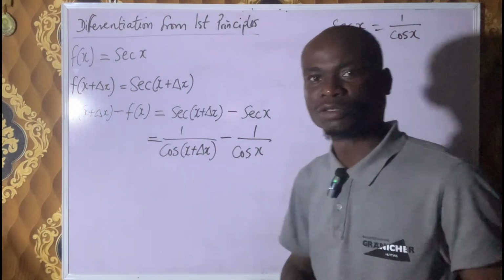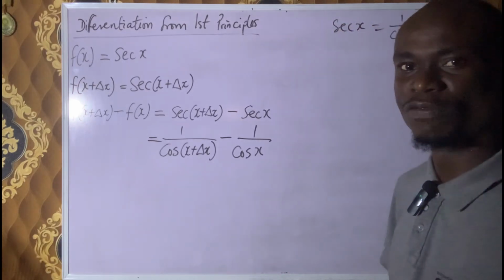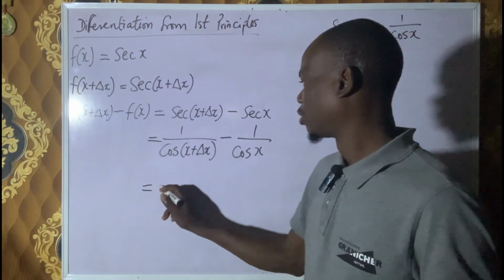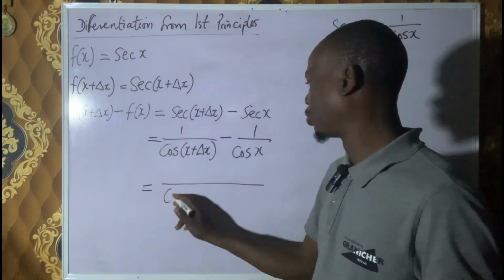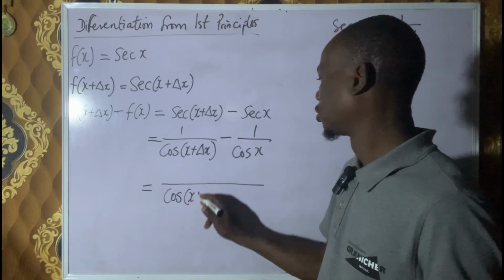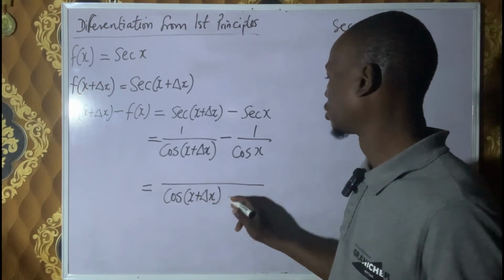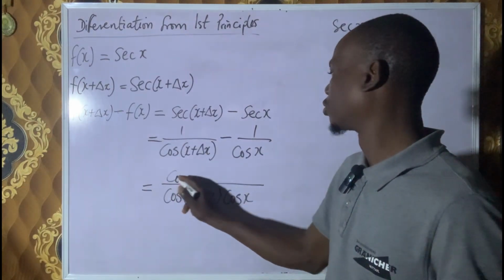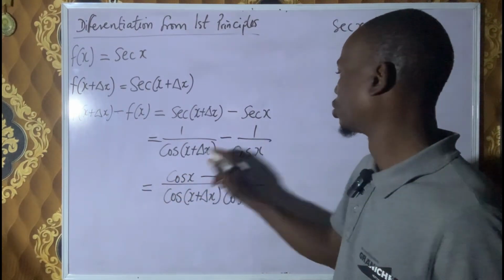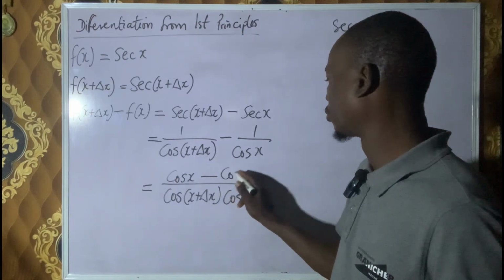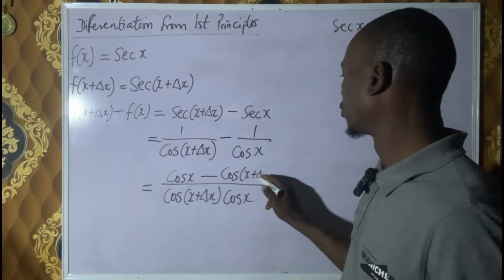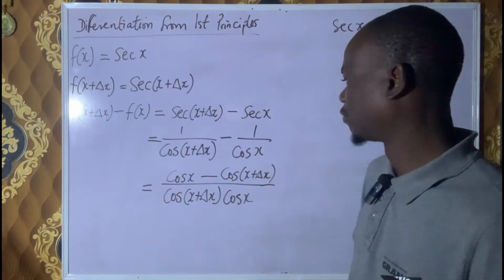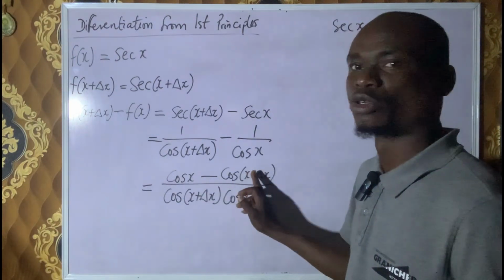Now we have made a fraction, so we can solve these fractions by taking the LCM. At the denominator, you bring the two terms together, cos x plus change in x times cos x. 1 times cos x will give us cos x, minus 1 times cos x plus dx will give us cos x plus dx.